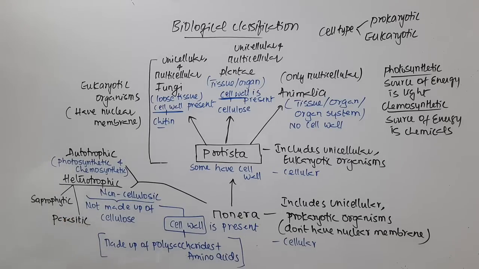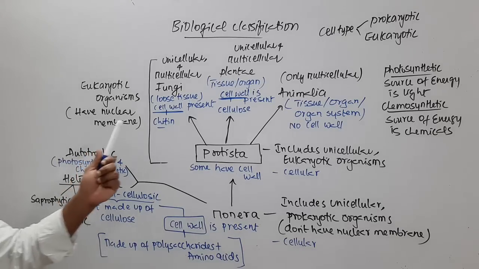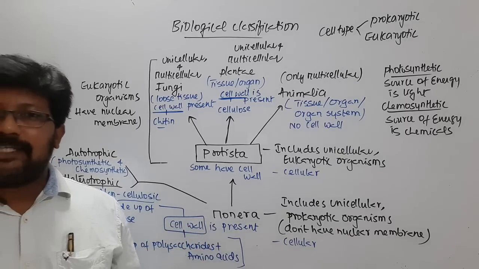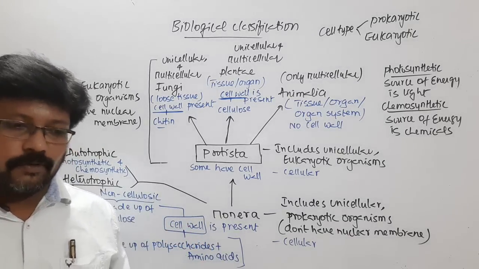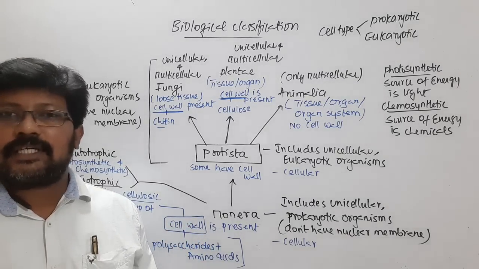Later in our coming sessions, I will explain what actually saprophytic nutrition and parasitic nutrition are. At present, I just give you the words. Don't worry if I did not tell the meaning of it, we will definitely see in the coming sessions.